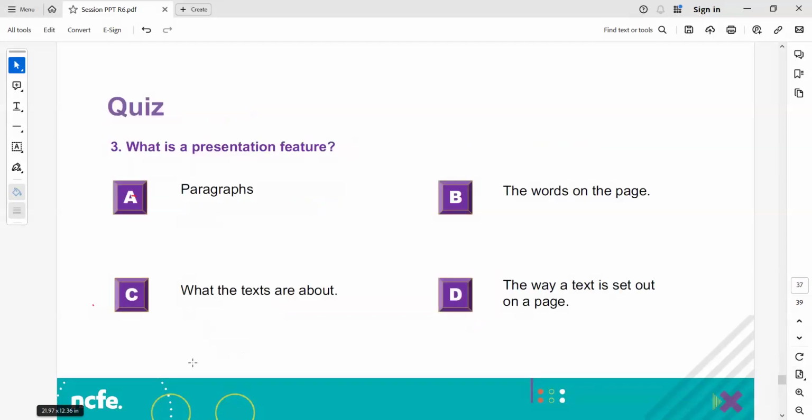What is a presentation feature? When we're talking about the presentation, how it looks, paragraphs, the words on the page, what the text is about, or the way a text is set out on a page. So we're thinking about how it looks when we're talking about presentation.